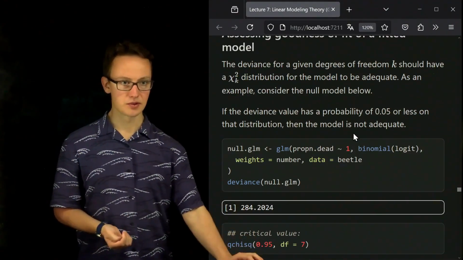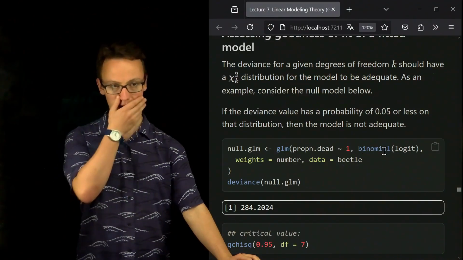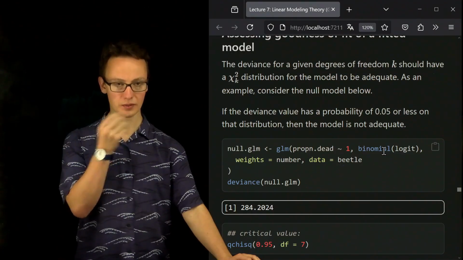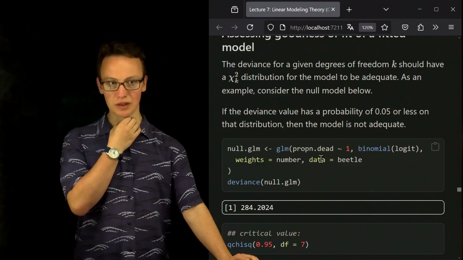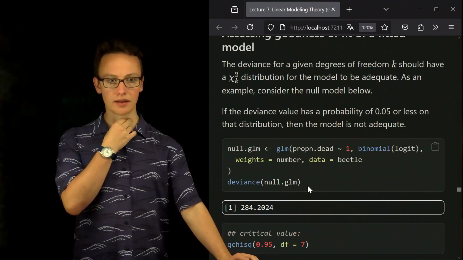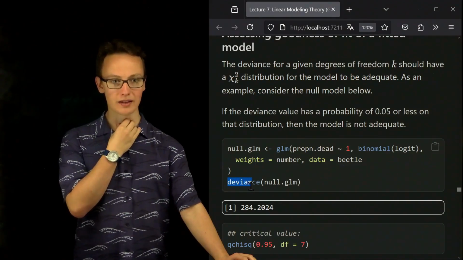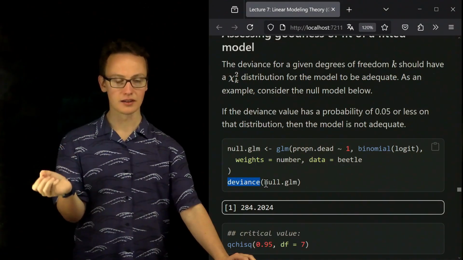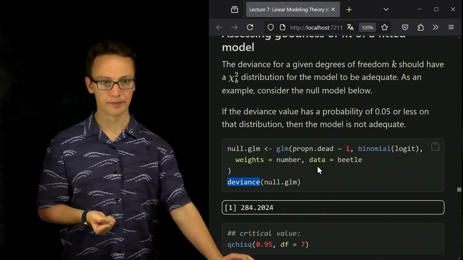And we specify the usual things like binomial, that's the type of regression model we want to fit, which stands for logistic regression. We give it the weights argument and we give it the data. Then we can compute the deviance by running the function deviance and giving it as an argument our fitted logistic regression model.